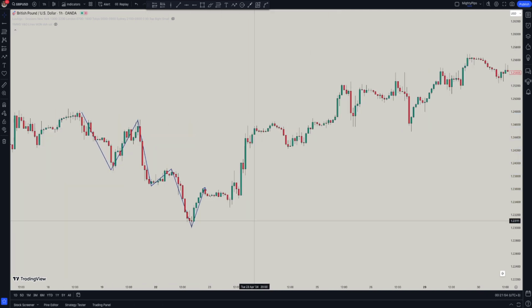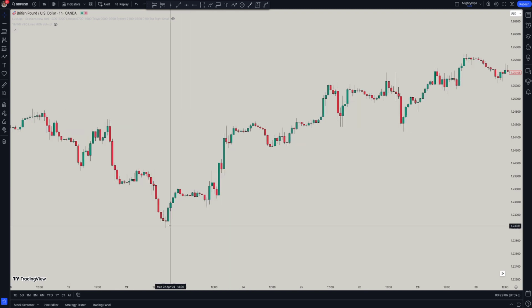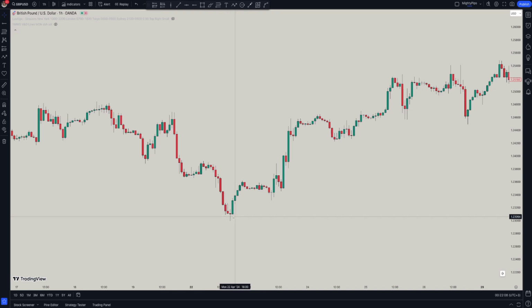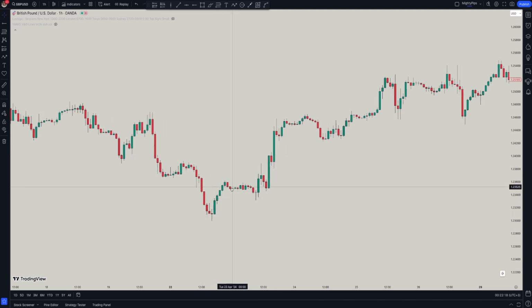So in this downtrend, when you see 3 consecutive bullish candles after 3 or 2 consecutive bearish candles, like here you see 3 bullish candles in a row, which are mostly full-bodied candles, you consider this as 3 white soldiers.